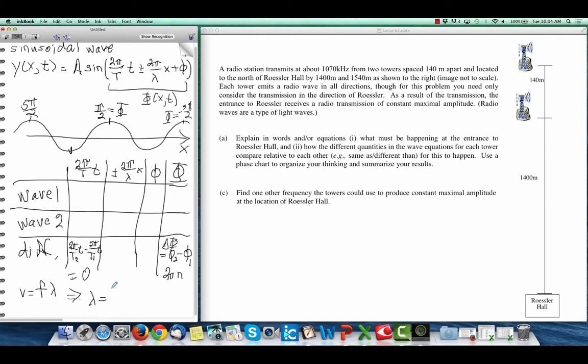I'm going to tell you that the speed of light is about 3 times 10 to the 8 meters per second. And this frequency here is a little over 1,000 times 10 to the third. So let me say it's 1.07 times 10 to the sixth.